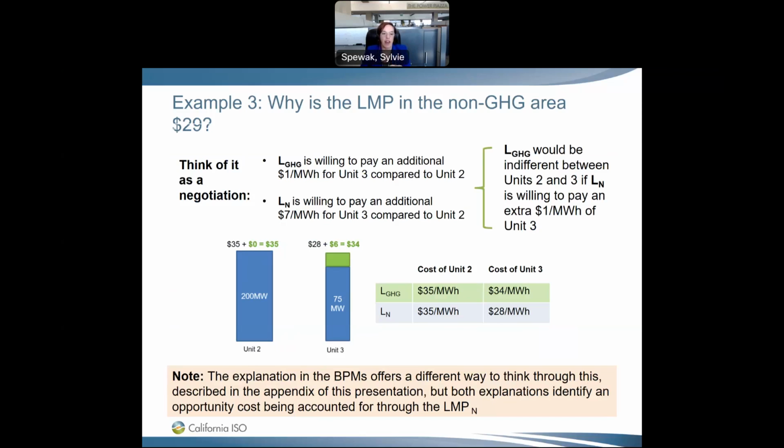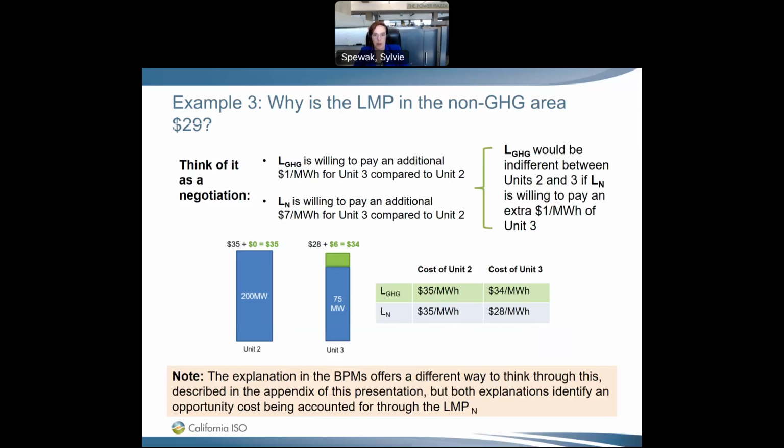Well, if we take an additional megawatt of Unit 2, that would cost the system $35. If we took an additional megawatt from Unit 3, that would cost the system $28. So we're going to end up taking an additional megawatt from Unit 3 at a total system cost of $28.